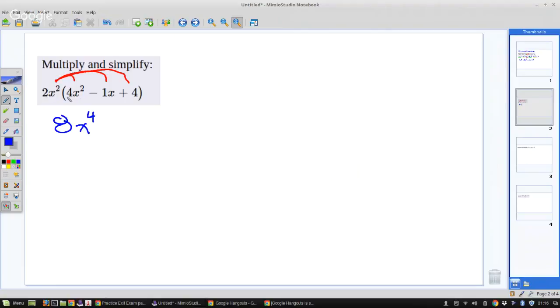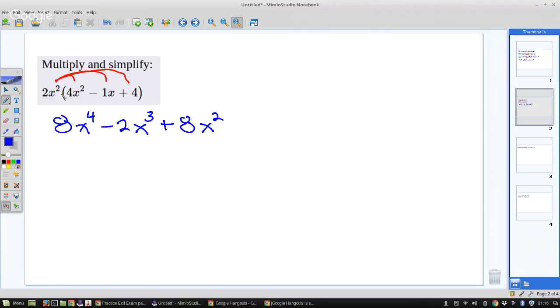Remember, when you multiply two powers with the same base, you add the exponents. Minus 2 times 1 is 2, x squared times x is x cubed. And then finally 2 times 4 is 8, and there's no x's there, so it's just going to be an x squared. So that would be the result of multiplying.